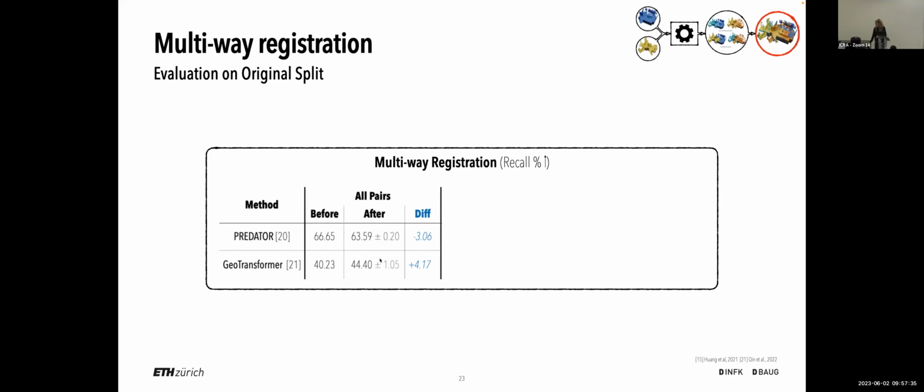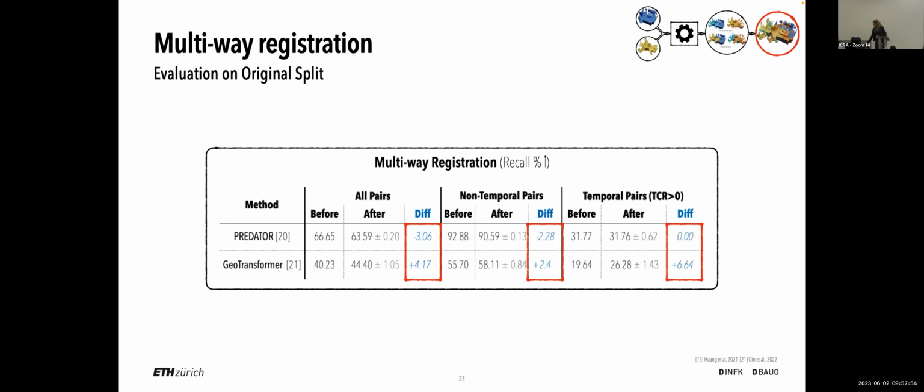Here is after the multi-way optimization, the multi-way registration. And here is the difference between the before and the after. In some cases, we do not have an improvement, we actually make the scores worse. In other cases, we see that the scores are becoming better. Ablating these results for temporal and non-temporal cases, we again see that the results are fluctuating.